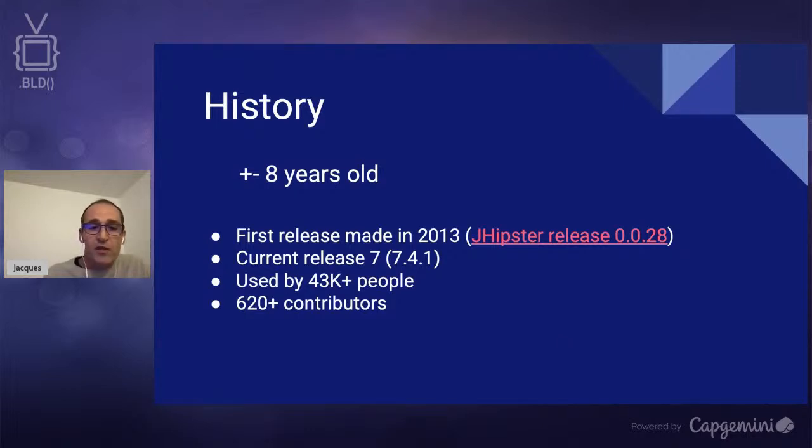The current release is 7.4.1. As you can see, it's been through a lot of incarnations. This I pulled from the website: it's used by 43,000 people. I suspect it's probably more than that, but that gives you an indication of how broadly it's being used. At the moment, there are over 620 contributors, so it's quite an active community.